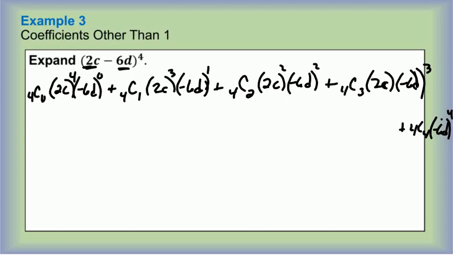Okay, now if I were to put these down on my calculator, I would have 4 choose 0 is 1.